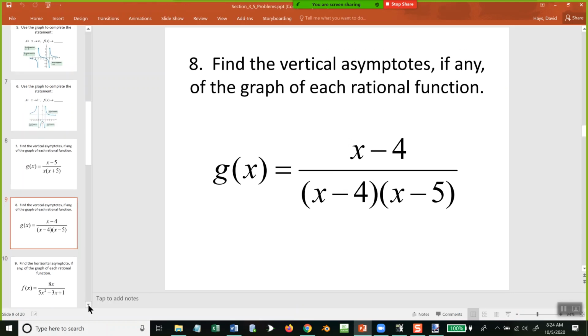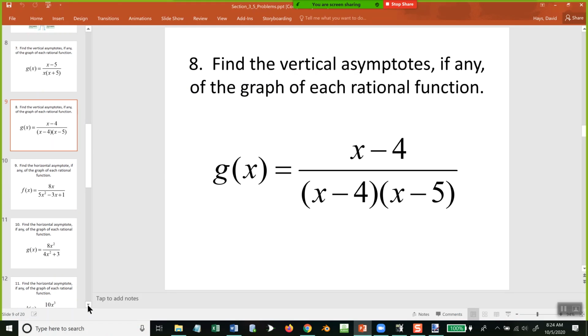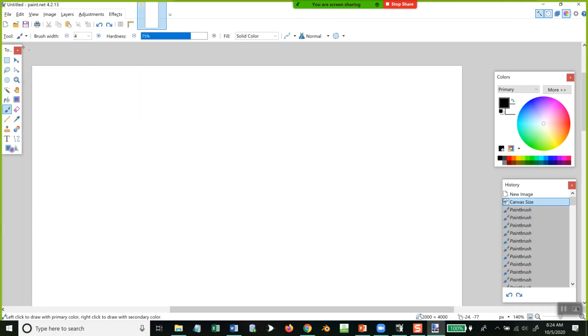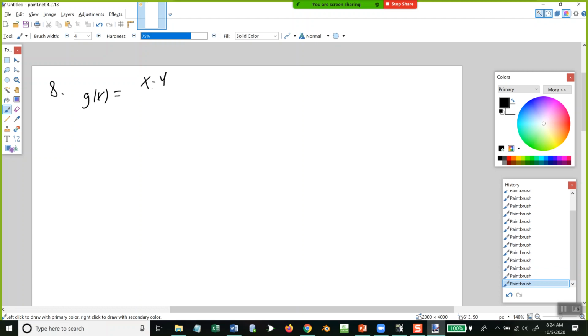Let's take a look at number 8. G of x equal to x minus 4 over x minus 4, x minus 5.